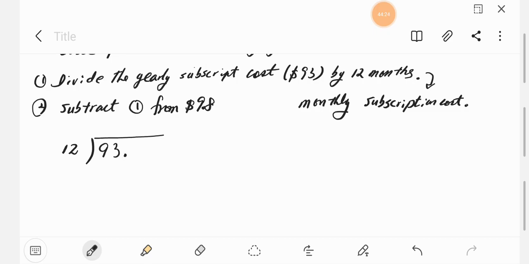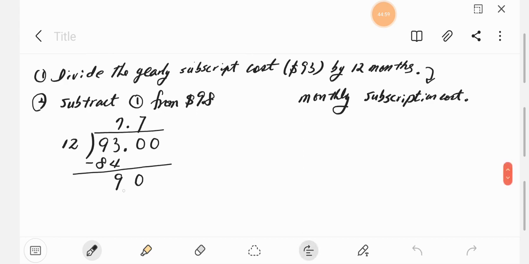And the decimal point is here, so put the decimal point above it, and let's put 2 zeros. All right, so 12 fits 7, right? So 7 will be 84, right? And then subtract. So the result is 9, and put 1 0 down. So for 90, 12 will fit 7 times again, right?